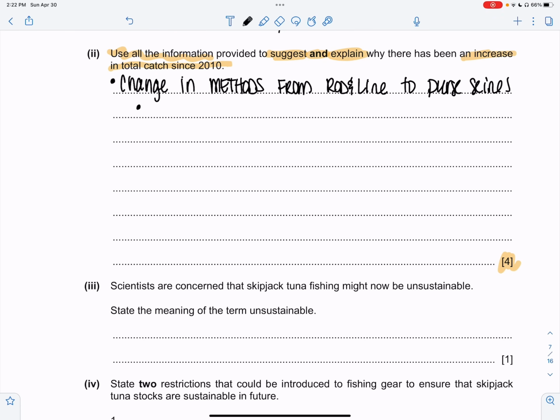Okay, and so explain that. Why is a purse seine going to be causing the increase? Purse seines can catch the entire shoal at once.